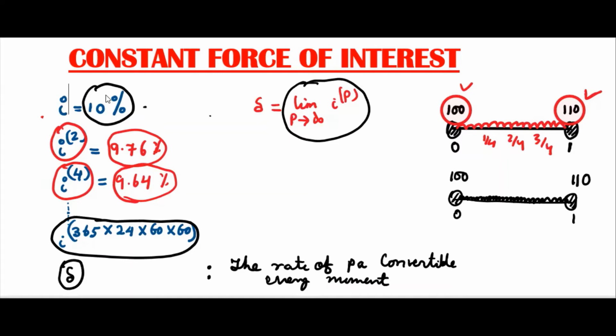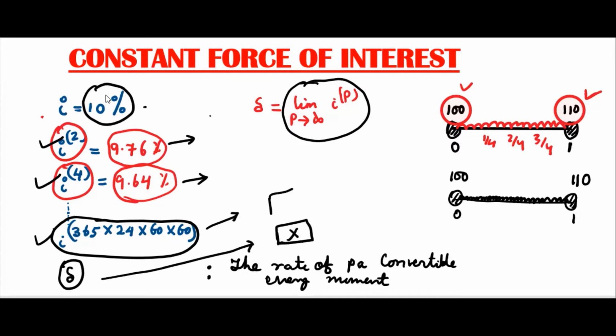But you can't convert this one like these. In the discrete case, you can divide it by 2, you get the half year interest rate. You divide it by 4, you get the quarter interest rate. You divide it by this big number, you get the 1 second interest rate. You can't get a 1 moment interest rate. This is not possible. We don't know this one. We know this.